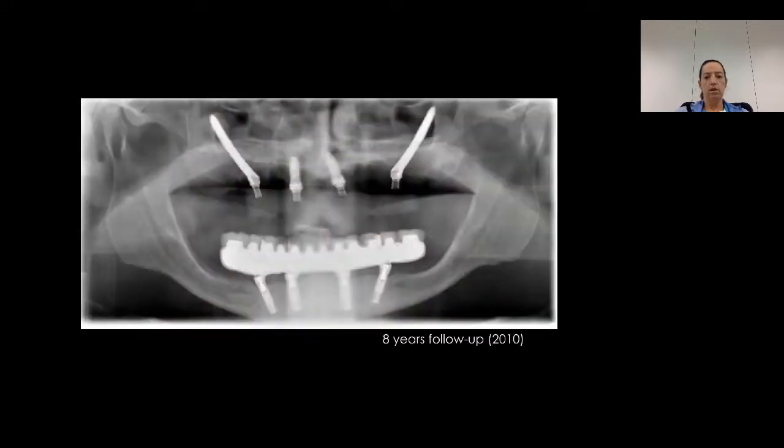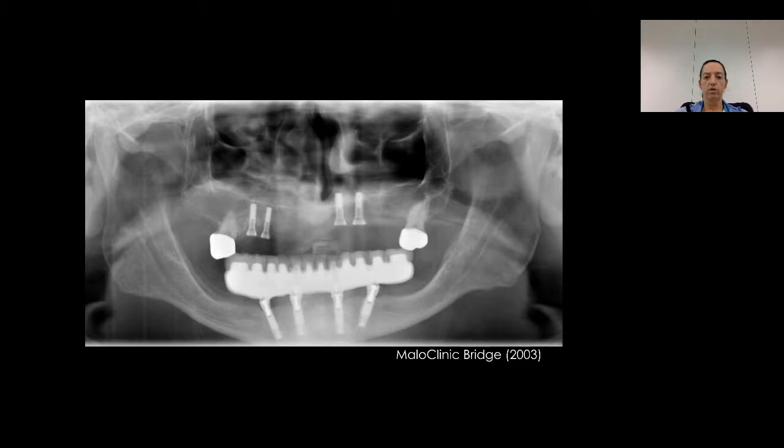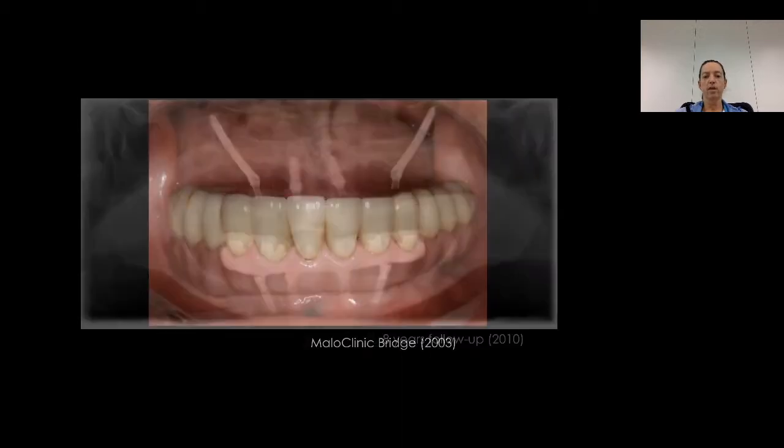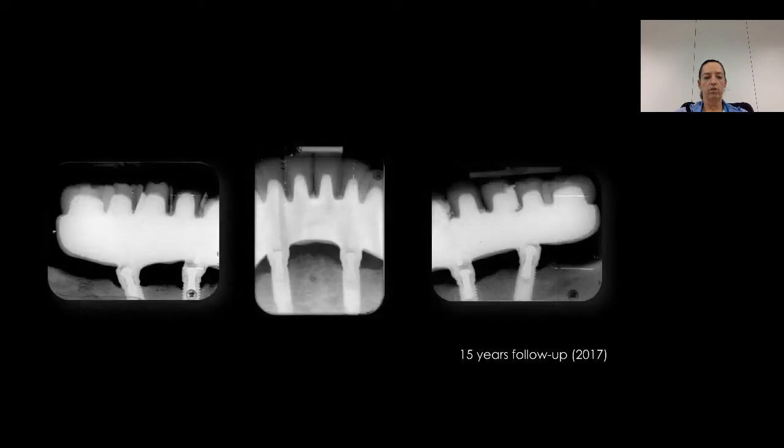And here, 8 years of follow-up. By this time we did the upper with zygoma because the patient could not wear this type of solution anymore. And here with 15 years of follow-up with the lower.